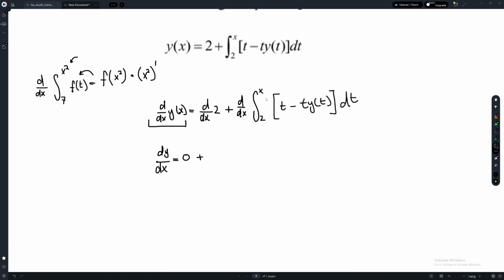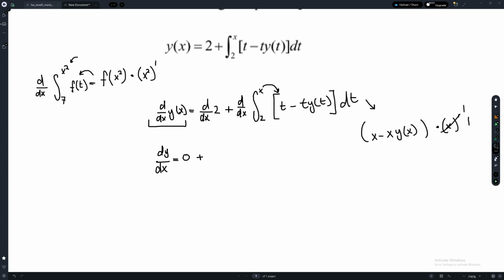Now when you want to apply this here, you could do the same thing. When I differentiate this, what will happen is your x will replace your t, and then all this times the derivative of x, which is just 1. So this whole thing goes to 1.